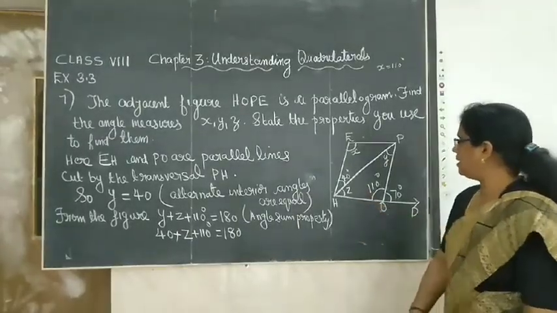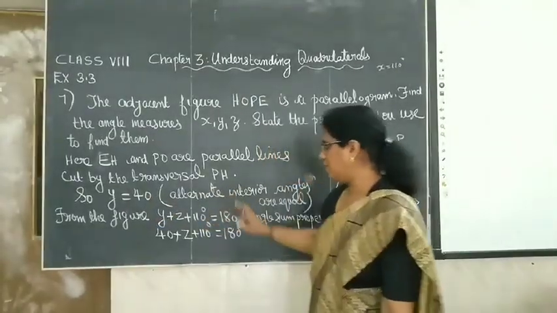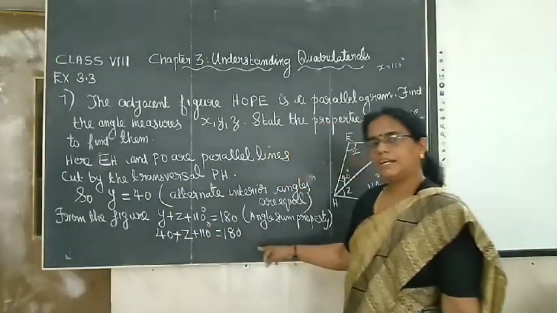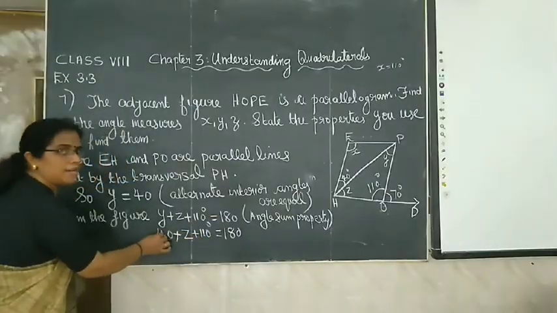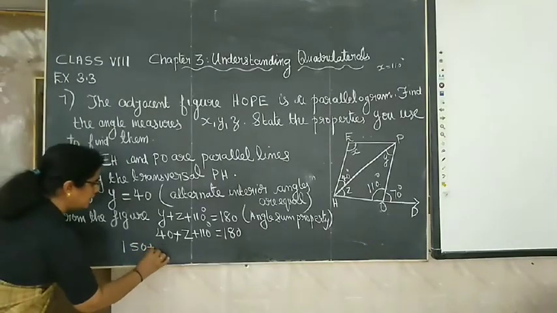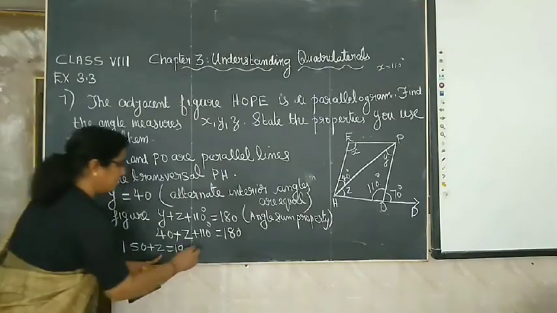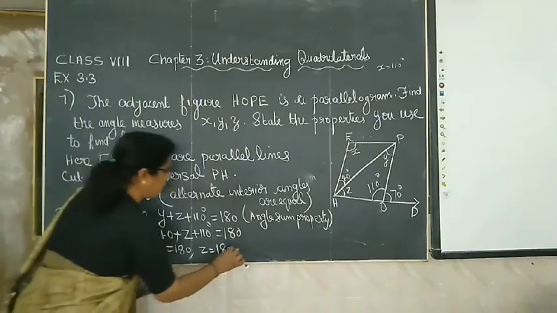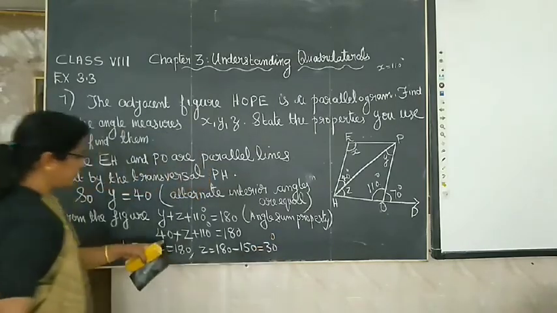And we got angle y as 40 degrees, so we are substituting that value here. Then 40 plus z plus 110 is equal to 180. Therefore, 110 plus 40 is 150, plus z equal to 180. So from here, z equal to 180 minus 150, that is equal to 30 degrees. That is the value of z.